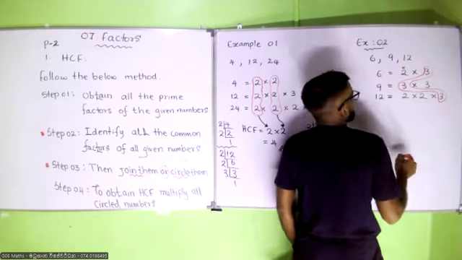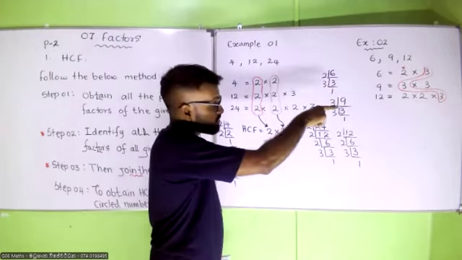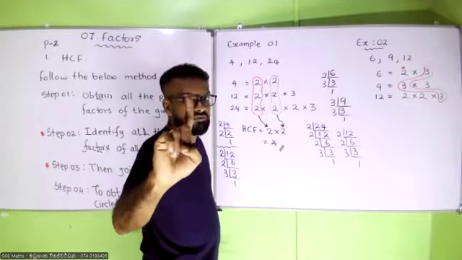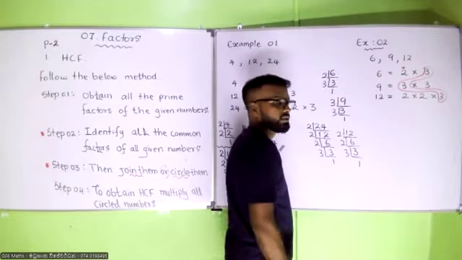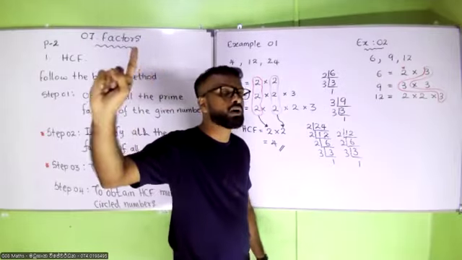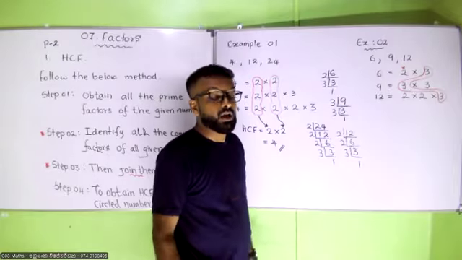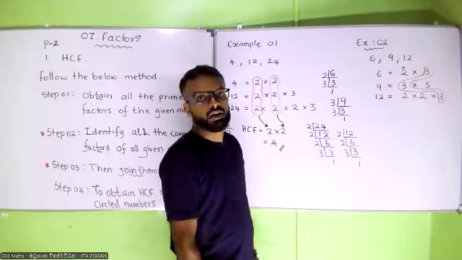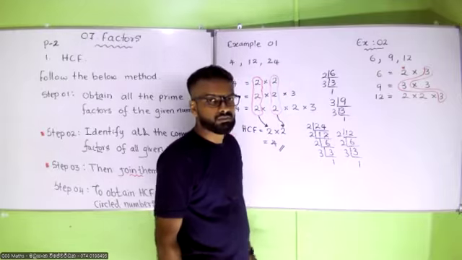So only one factor is common for 6, 9, and 12. That is the highest common factor. By using that highest common factor, you can divide 6, 9, and 12.